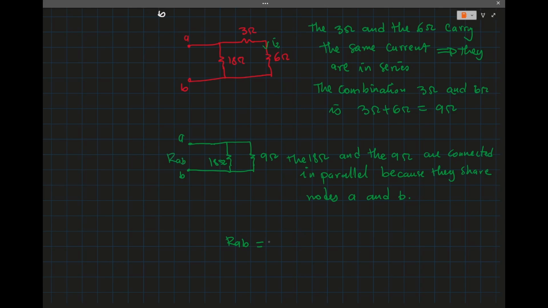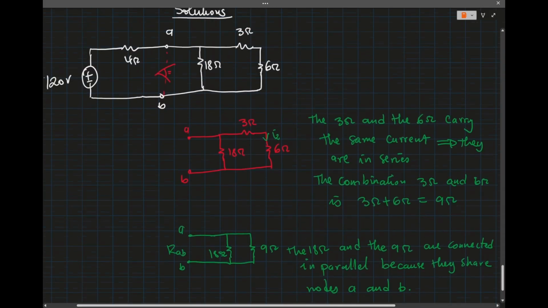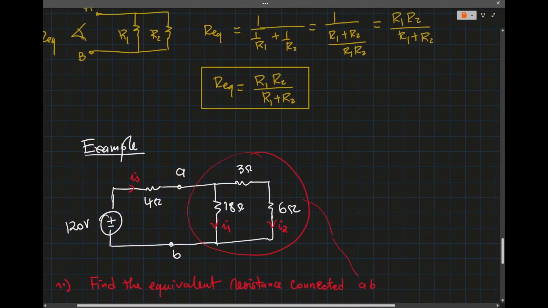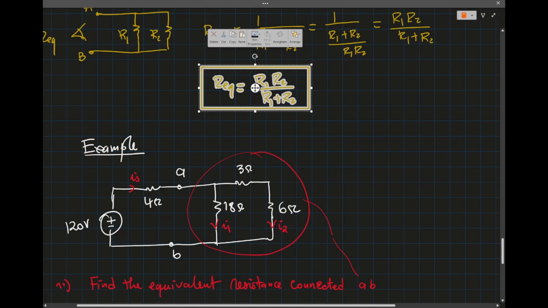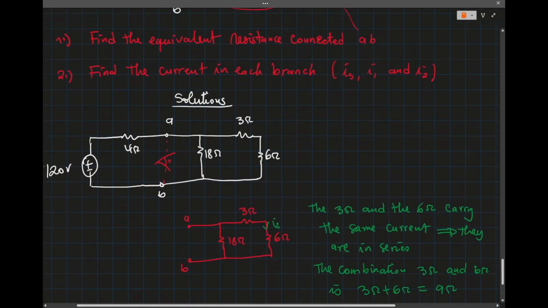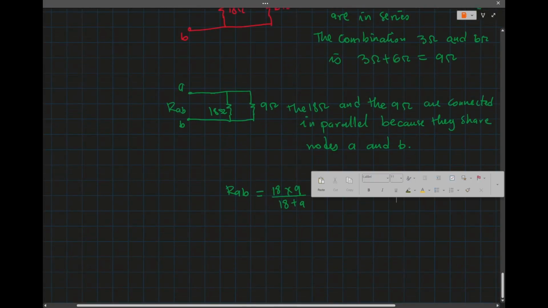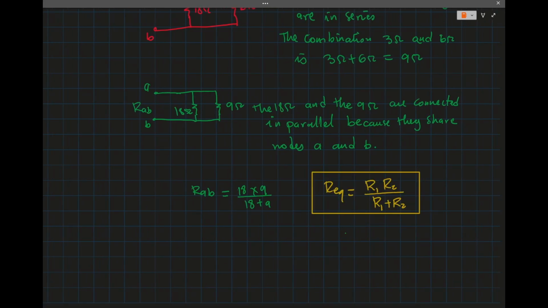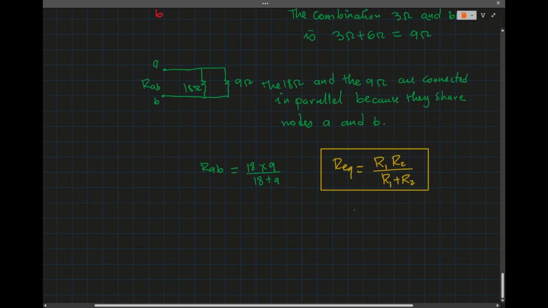So RAB will be 18 times 9 divided by 18 plus 9. From the formula that we derived here, that's the formula that I apply. So that gives me 6 ohms.